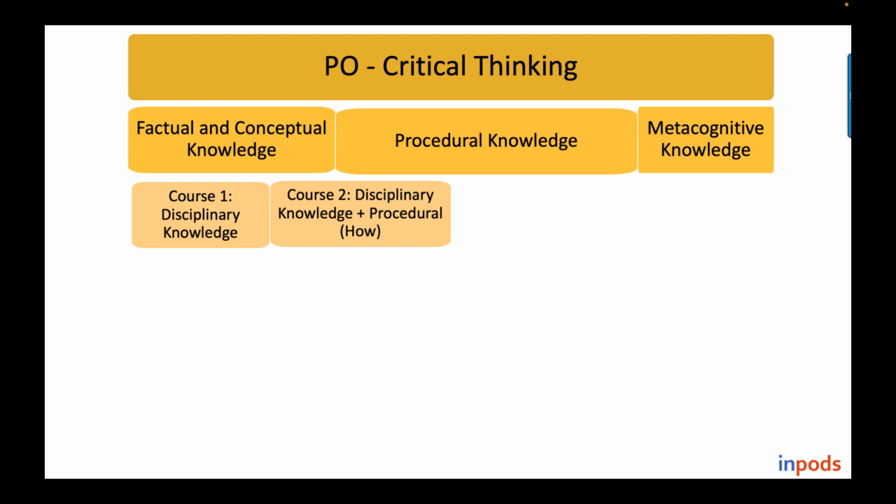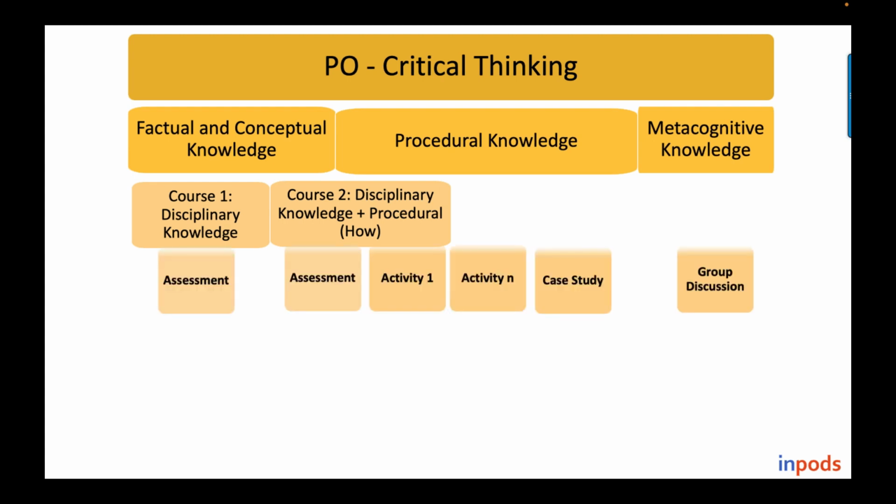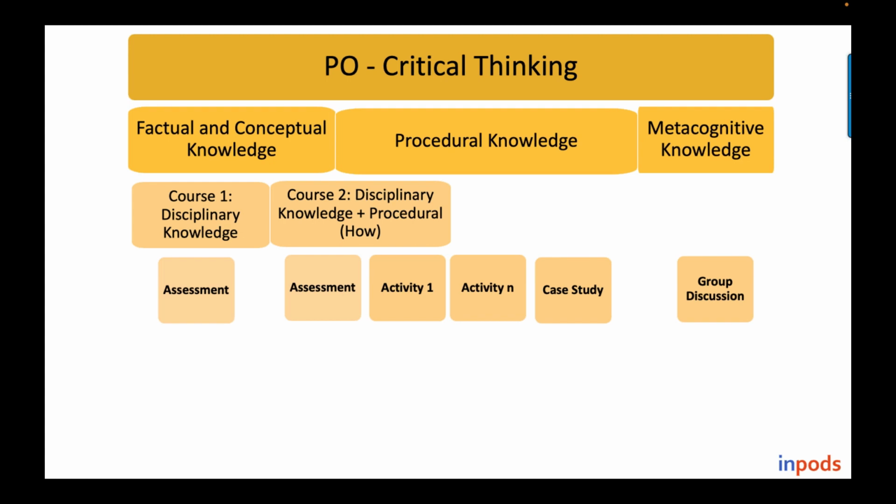So that's the way I will try to start designing my curriculum. Quite a few parts of the procedural knowledge come through activities that we design, right? It doesn't have to be classroom teaching. It will have to be an activity. There could be some case study, and metacognition can be taught through group discussion simply, right?